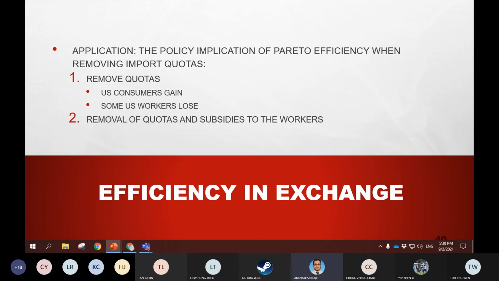So removing the quota and giving subsidies to the workers would make both consumers of steel and workers of steel better off, or at least it will make the consumers better off and will not make the workers worse off.